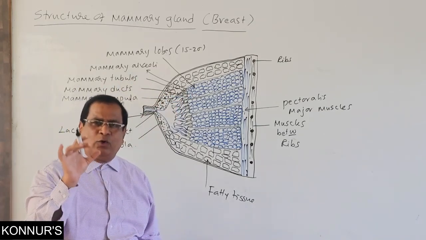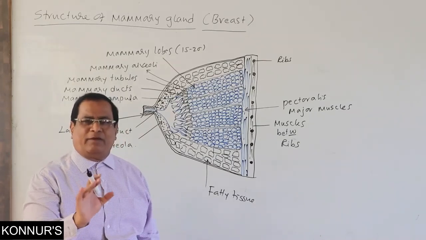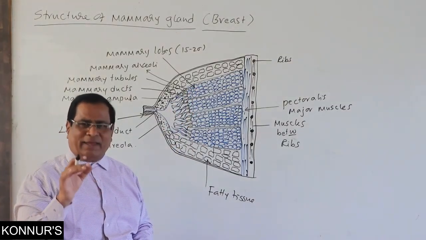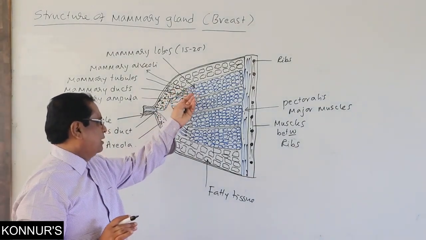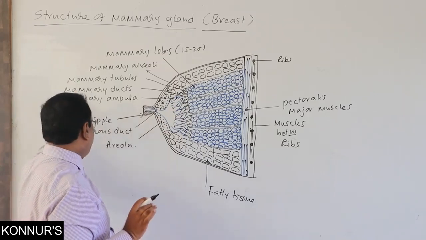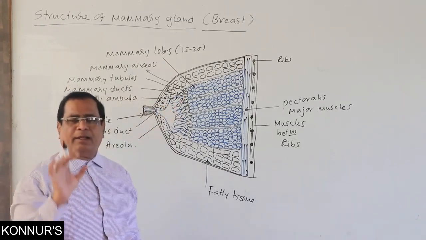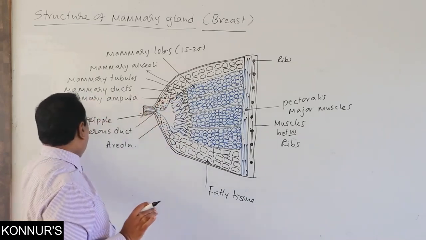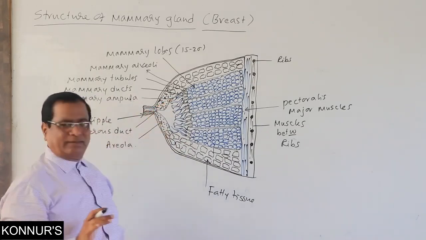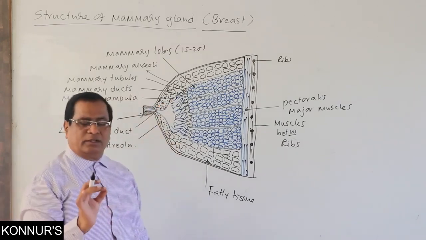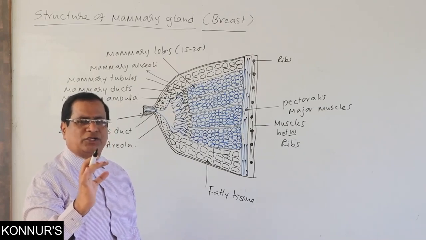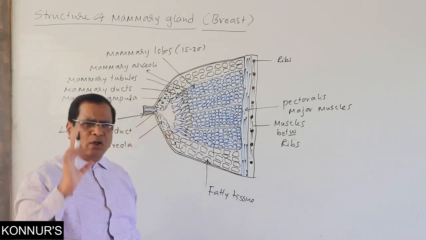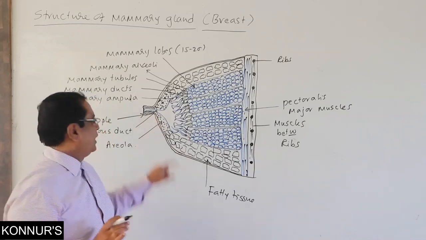And these mammary alveoli, singular alveolus, are meant for the production of milk, and the milk which is produced is stored in their cavities, and that milk passes through very minute ducts named mammary tubules, and mammary tubules of each lobe join to form little larger mammary ducts, and these mammary ducts end with a swollen, bulged or enlarged part named mammary ampulla, and all these mammary ampulla join to form a common duct.